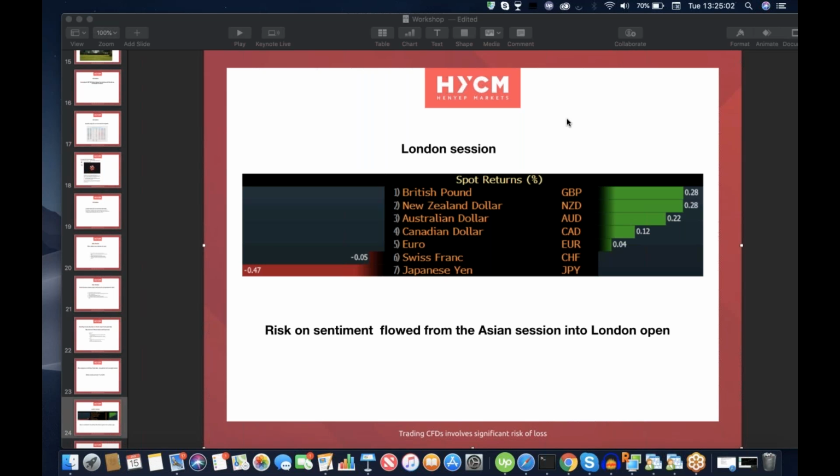So obviously that data out of China meant the market participants are less concerned, less worried about what's happening. And so what tends to happen then is you see a rise in commodity currencies. You can see those commodity currencies here: the New Zealand dollar, the Australian dollar, the Canadian dollar.